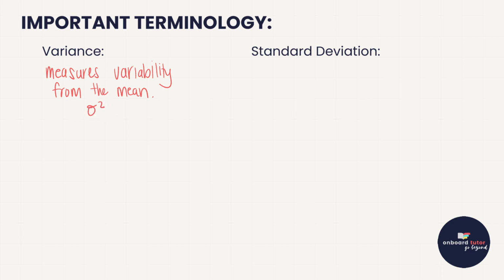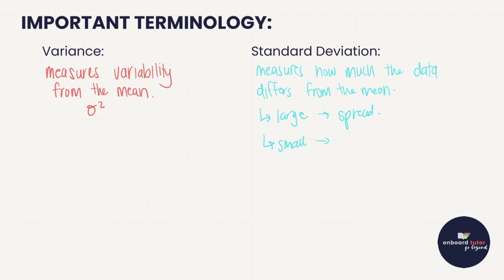Okay, more commonly asked is the standard deviation, and this measures how spread out your data is. So basically, if you have a large standard deviation, then the data is very spread out. If you have a small standard deviation, then the data is clustered together. Okay, so standard deviation is very important, and the symbol for that is just sigma.